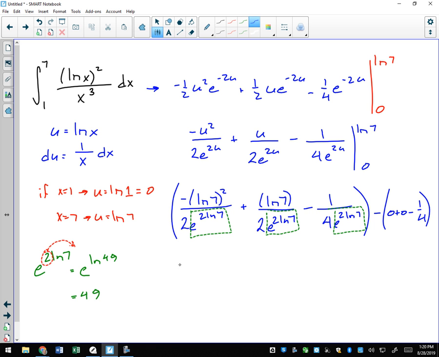And so I'm left with negative natural log of 7 squared over 2 times 49, which is 98. So I'm going to replace all those with 49. So over 98, plus the natural log of 7 over 98, minus 1 over 4 times 49, which would be 196.